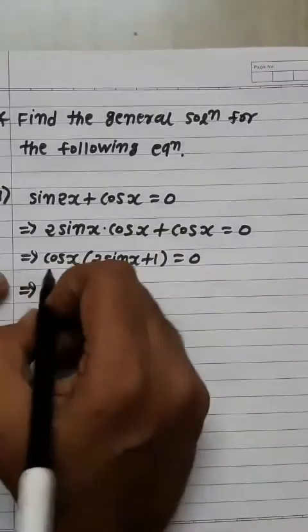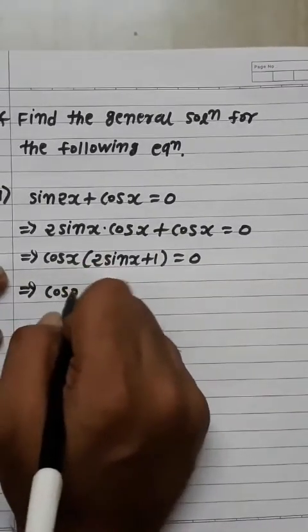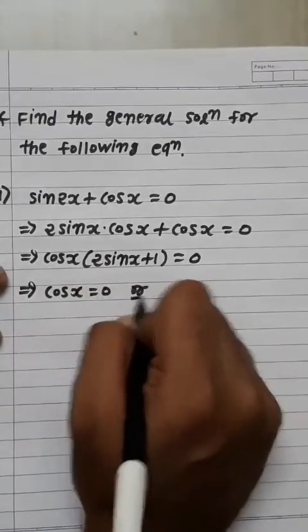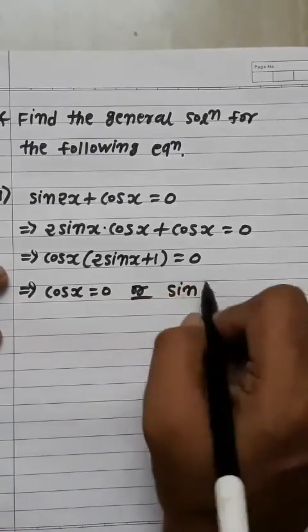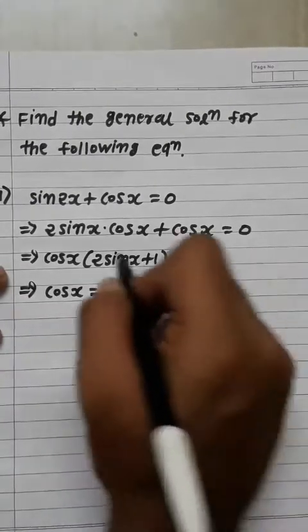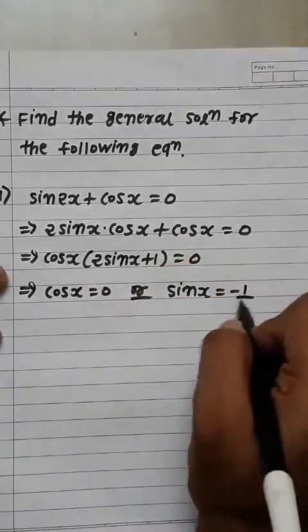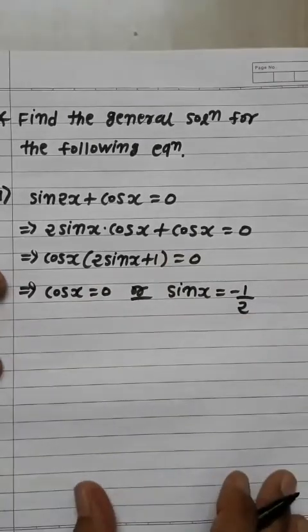Now we treat both these terms separately: cos x is equal to 0 or 2 sine x plus 1 is equal to 0. Simplifying, sine x is equal to minus 1 by 2.